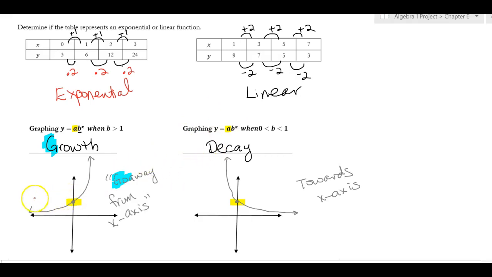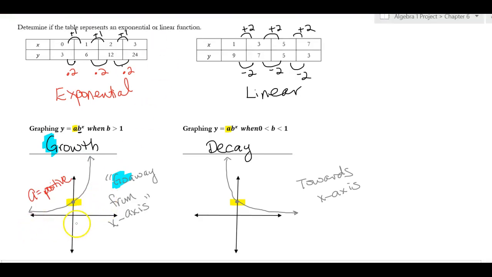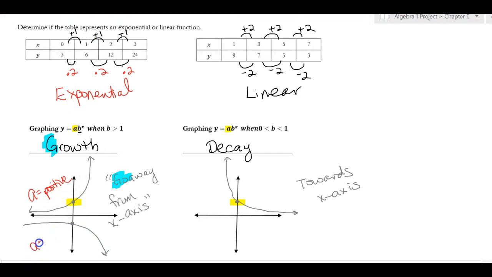This is if A is positive. If A is negative, it's going to go away from it. So that might be helpful. Let's have both there. A is negative. And so this one again, A is positive.